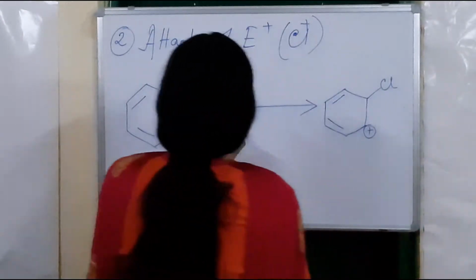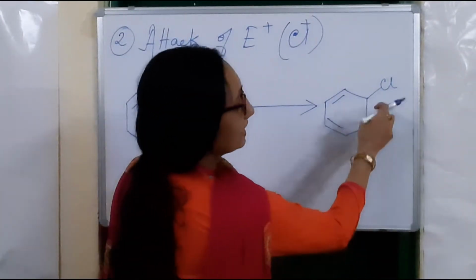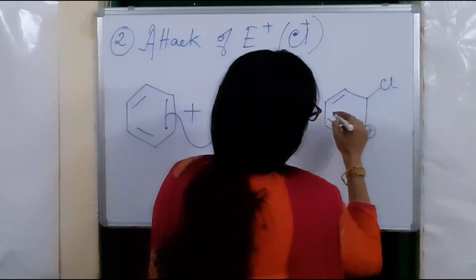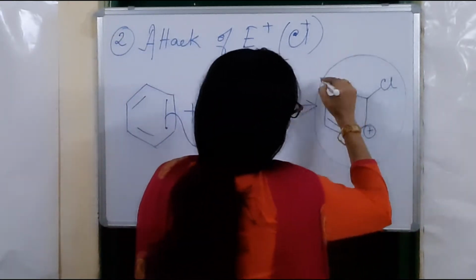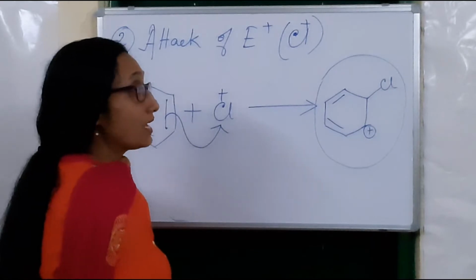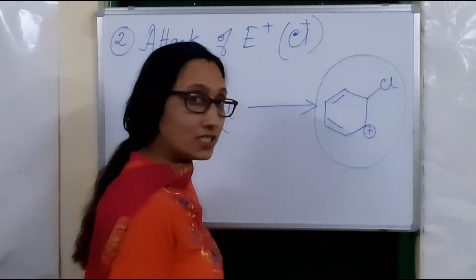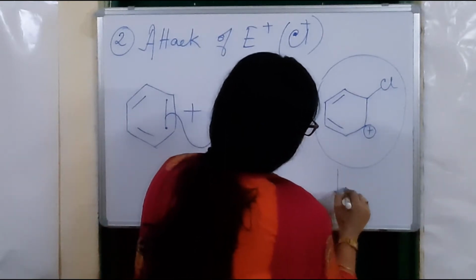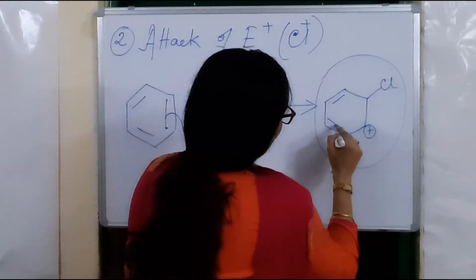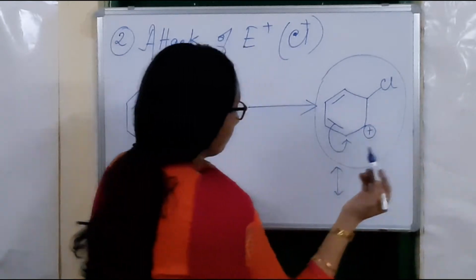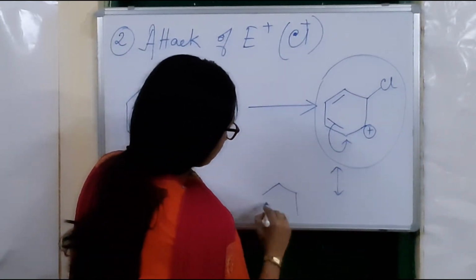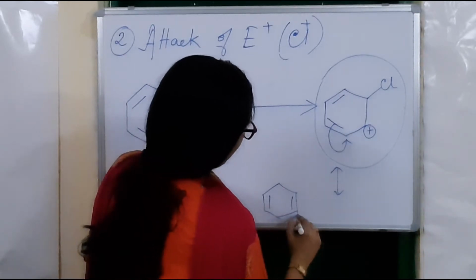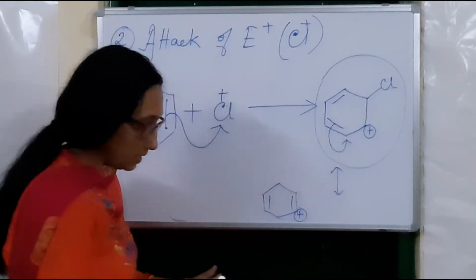Suppose if you are attaching Cl to this carbon, then this carbon will become plus. Now this particular structure will have a number of resonating structures. So let us see the resonance of this. So now this will shift here. You will get here, it's a plus previously.